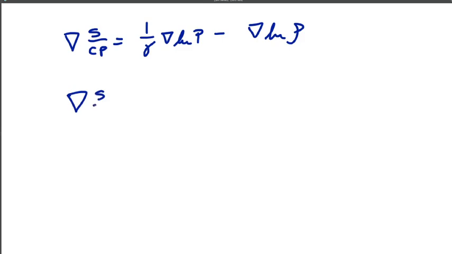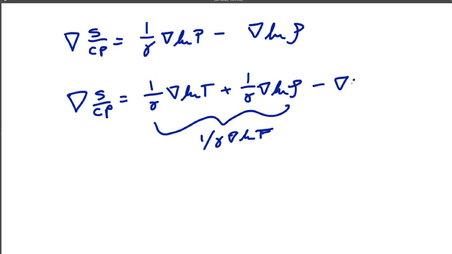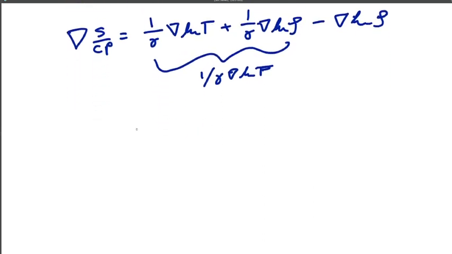So now we're going to write grad S over C_p as 1 over gamma, and we're going to use the fact that this is an ideal gas to write this as grad log T plus 1 over gamma grad log rho. So this is our 1 over gamma grad log P using the ideal gas equation of state, and then minus, of course, grad log rho. And then if I combine terms, I get the following.